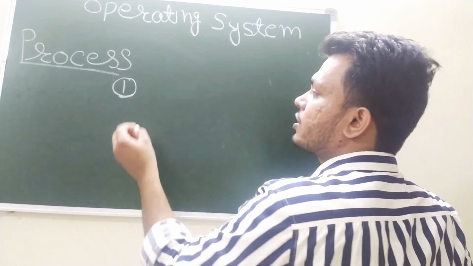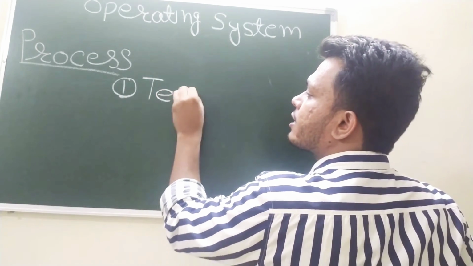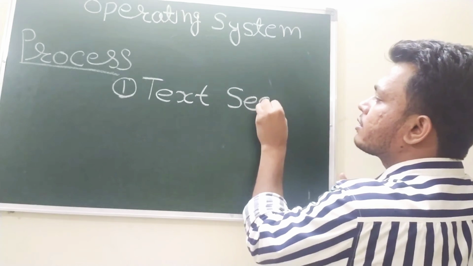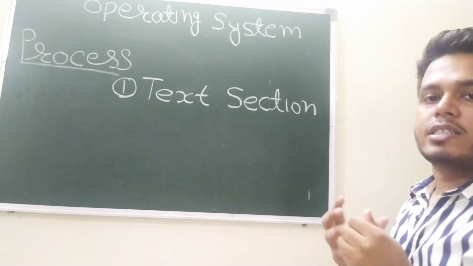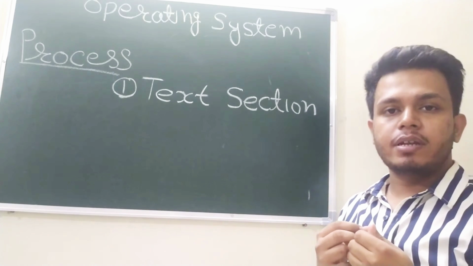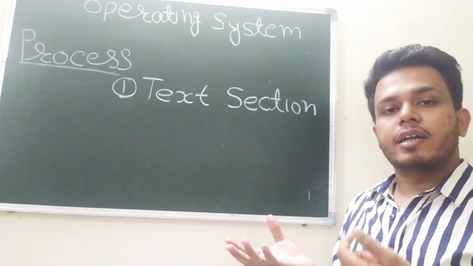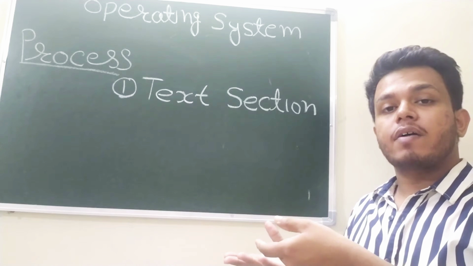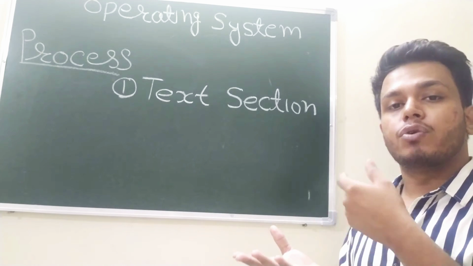So the first section is known as the text section. What is the text section? The text section is where a process takes the data from whatever is in non-volatile storage.